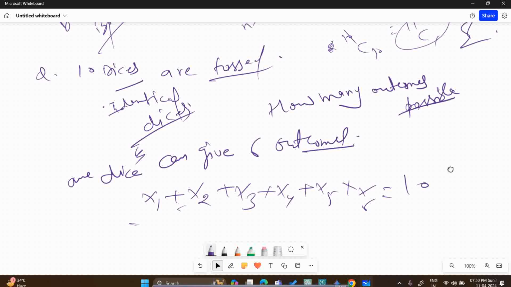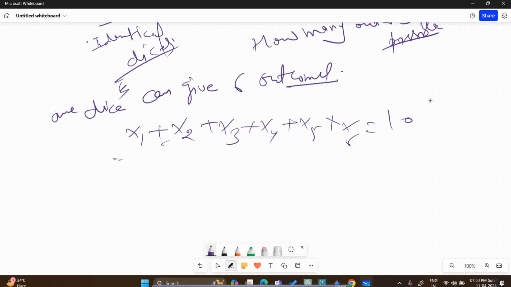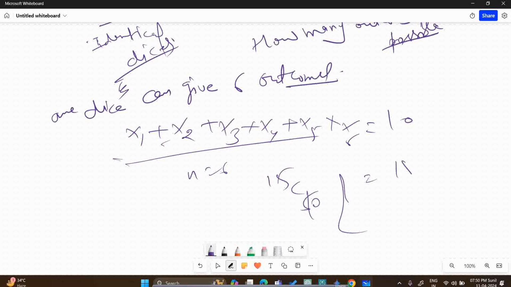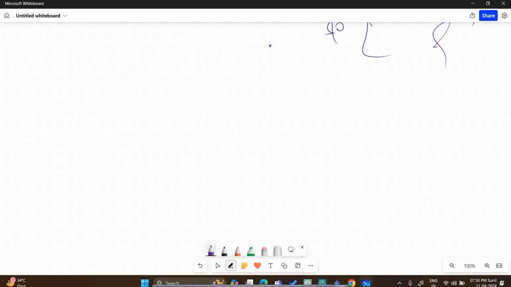This is how we do it. And n is equal to 6. 15C10 is the answer. It will be 15C5 also, equivalent. Right.